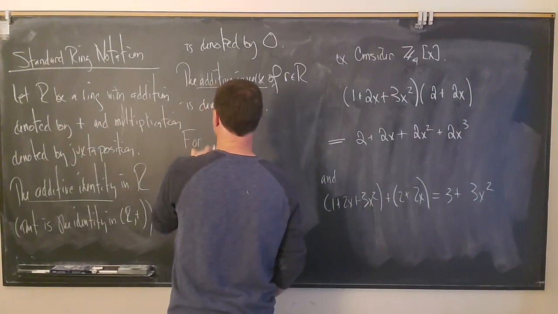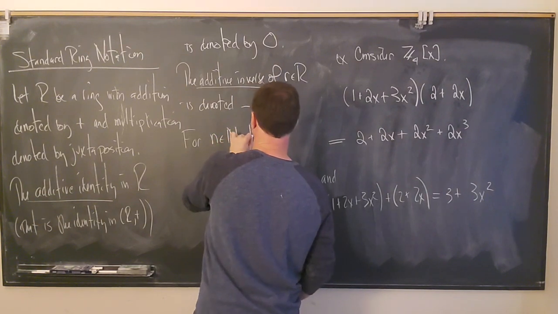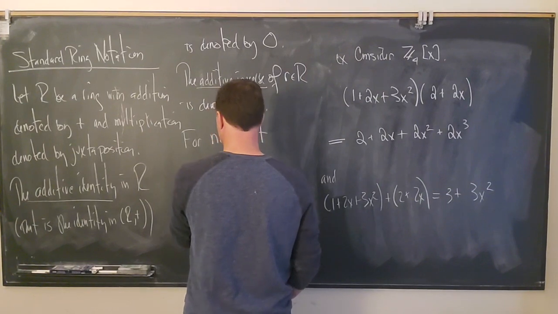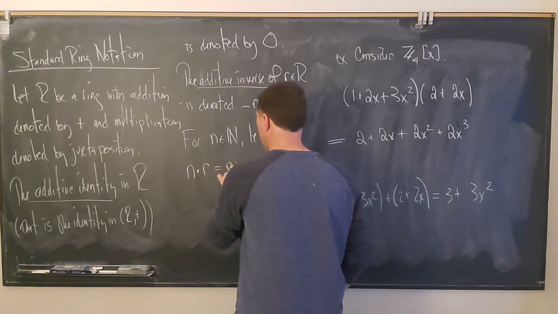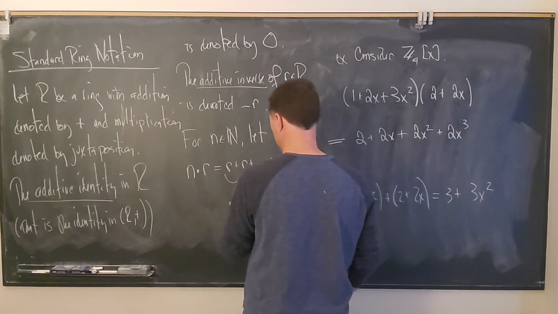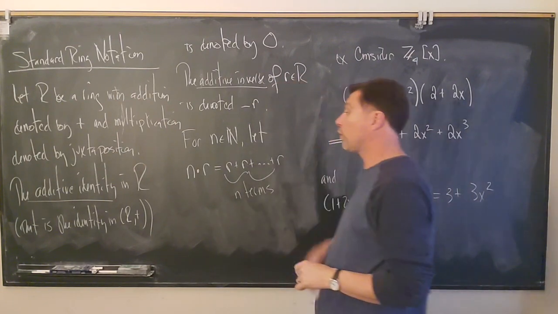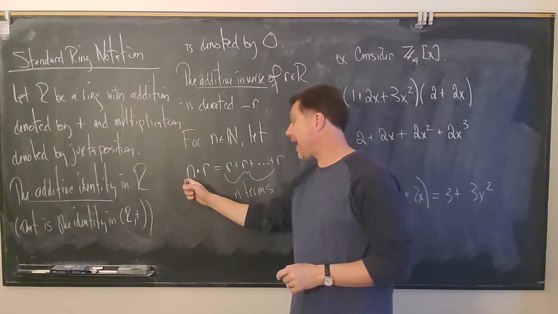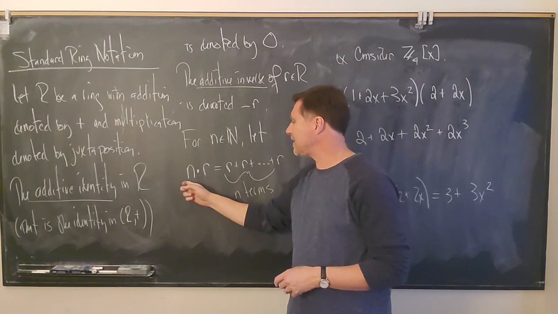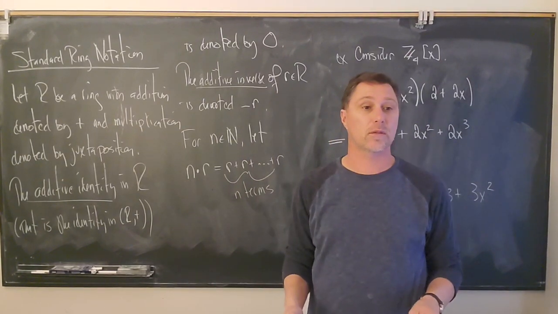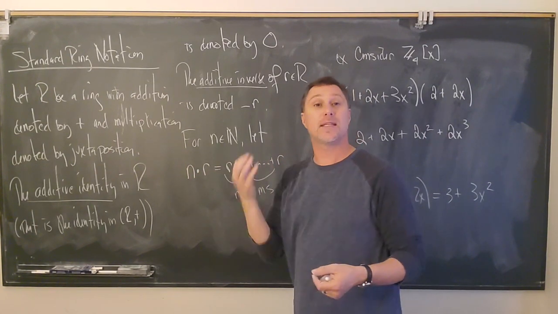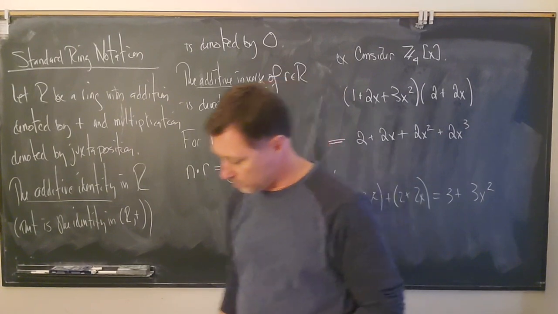For some natural number n, let n dot r equal, well, what this is going to mean is r plus dot dot dot plus r, with n terms here. So when I write n dot r, it does not mean n times r. In fact, r is not necessarily a number, so n times r may make absolutely no sense. This is just notation. When you see n dot r, it's just telling us take r and add it to itself n times.